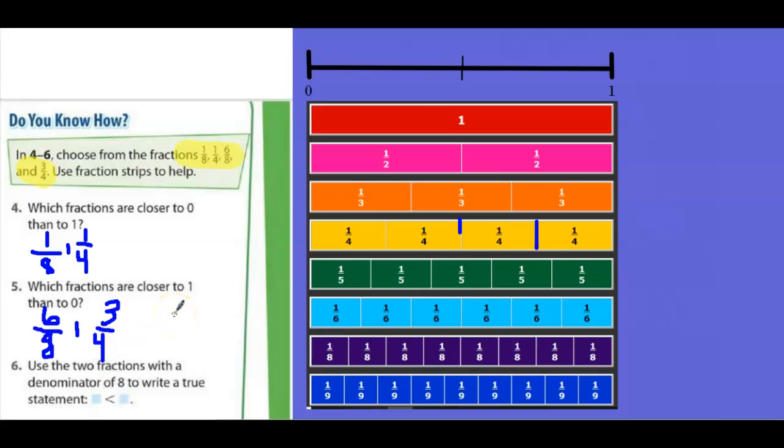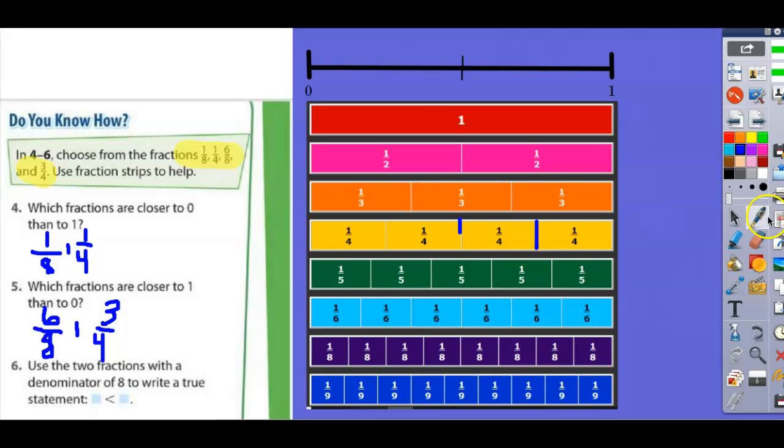And then use two fractions with a denominator of 8. So we know that 1/8 and 6/8 both have a denominator of 8 to write a true sentence. So here, I'm going to write it over here just so we can see it better. I'll use yellow.